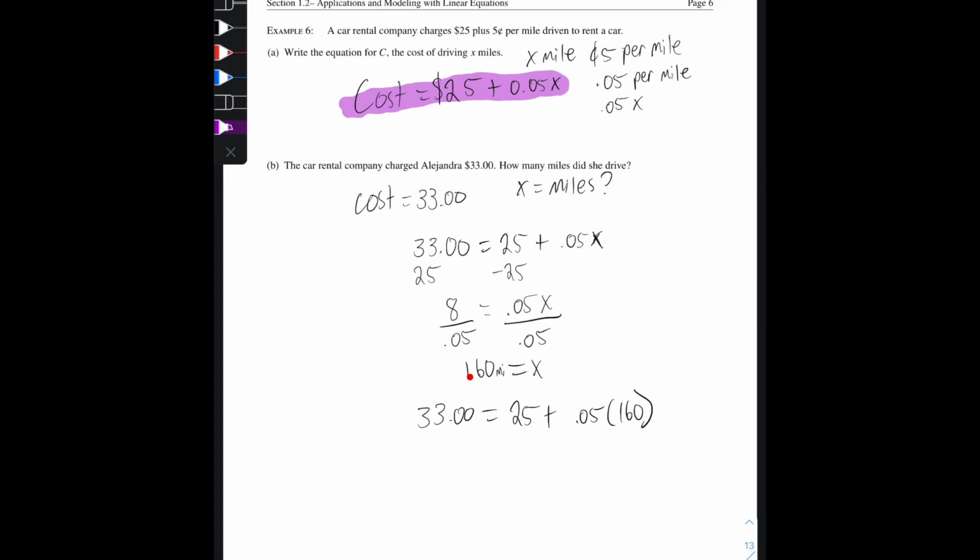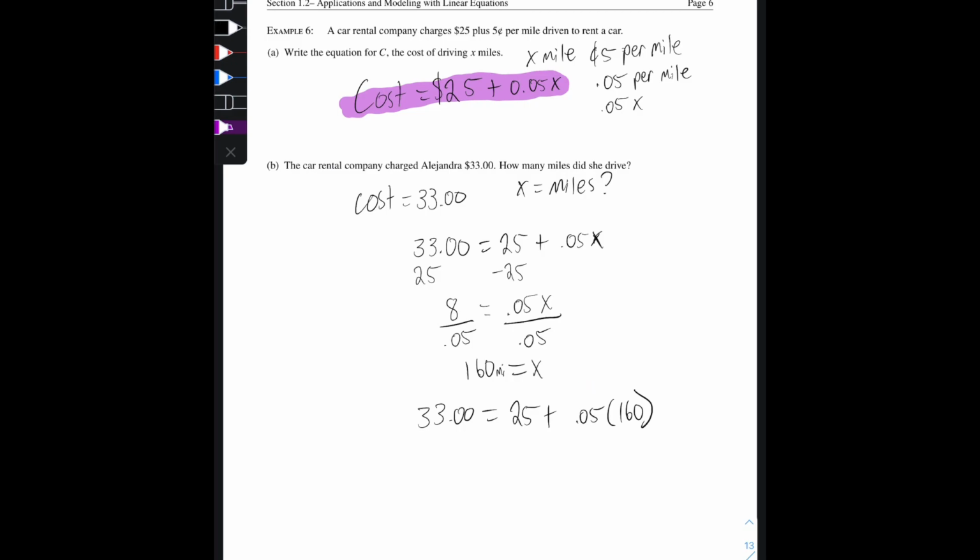Well, 160 miles on a rental car does seem like a pretty far distance, actually. I don't know what Alejandra is using this rental car for, but she did drive quite a ways. That's about 2 hours or so on the highway, especially with traffic, but she definitely did have somewhere to go.